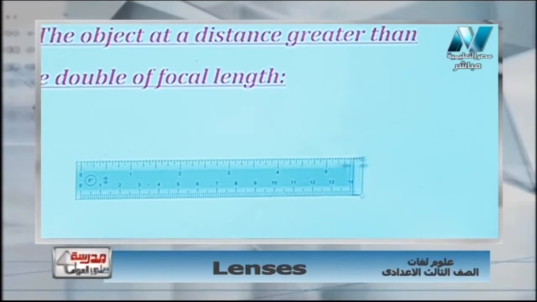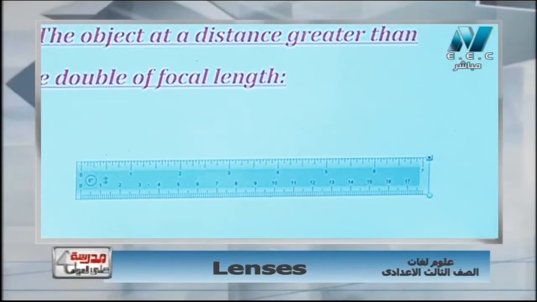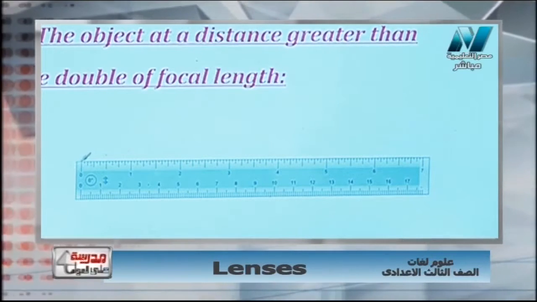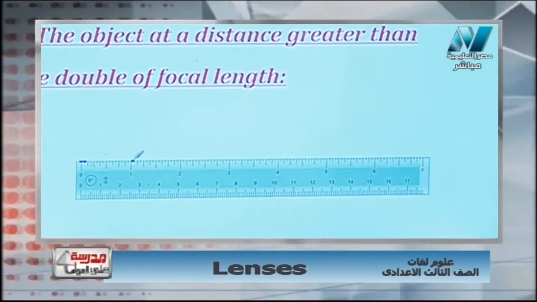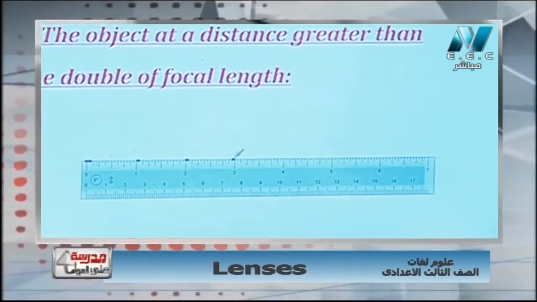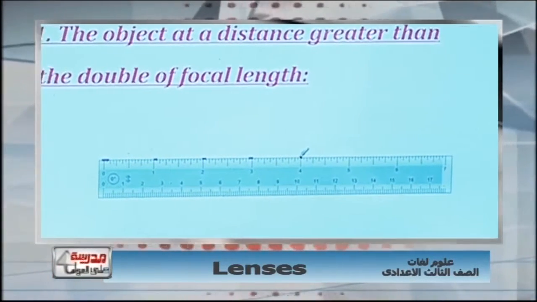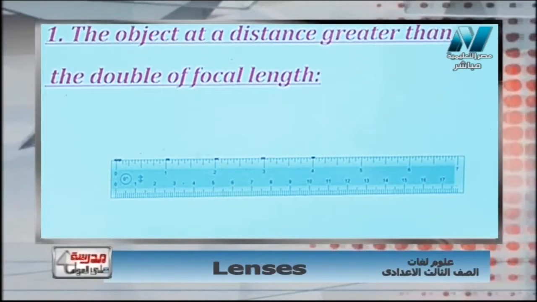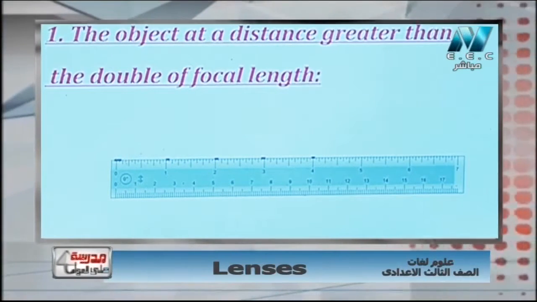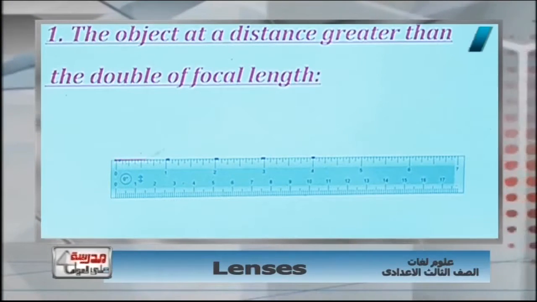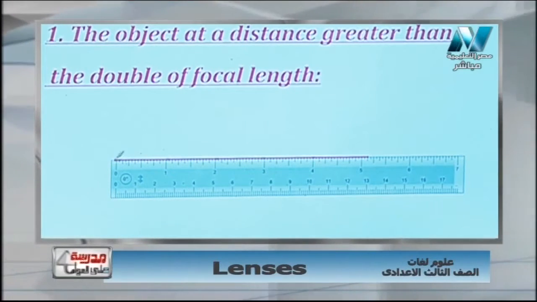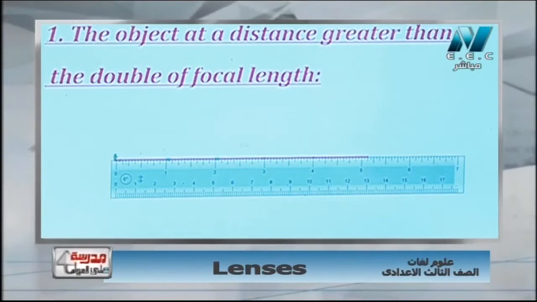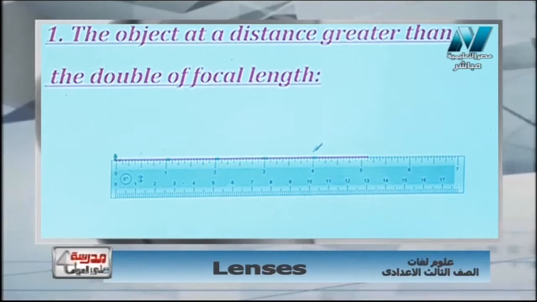We will use the ruler to measure 4 equal distances, for example 0, 3, 6, 9, and 12. So here we can draw the principal axis, with 0, 3, 6, 9, and 12.